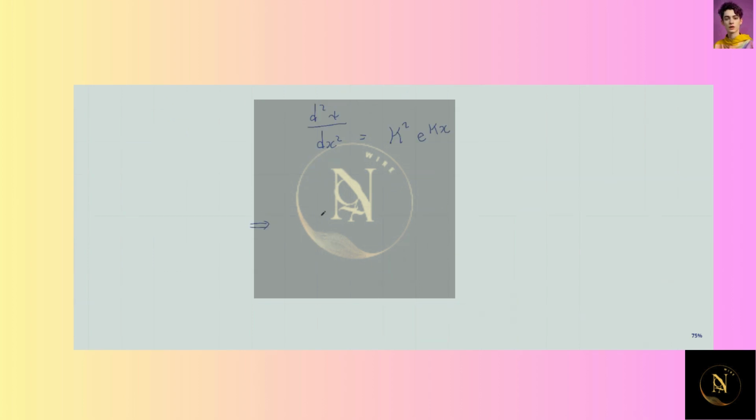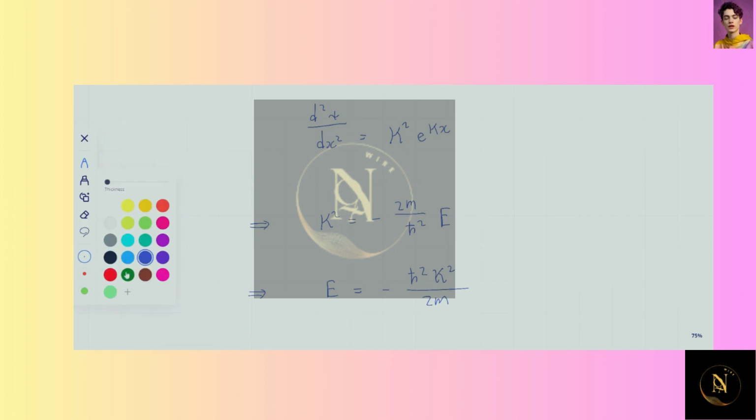So this means that the constant kappa squared is equal to minus 2m over h bar squared times E from the Schrodinger equation. So this is a solution to Schrodinger's equation, provided that E is minus h bar squared kappa squared over 2m, which is the provided requirement.